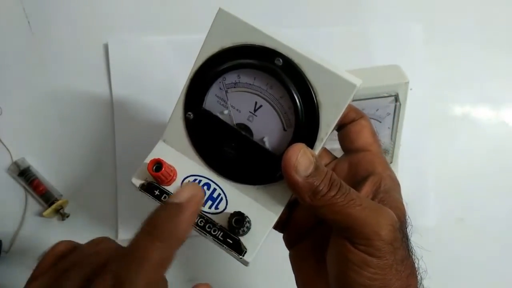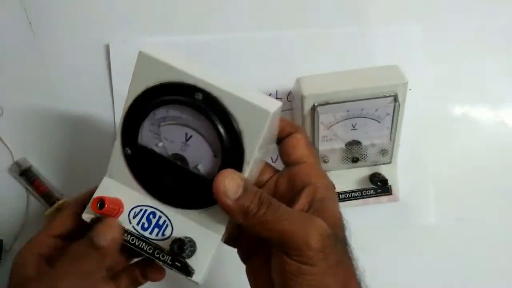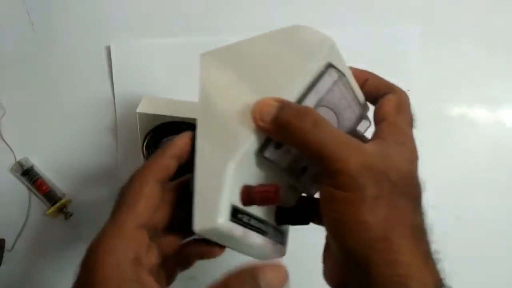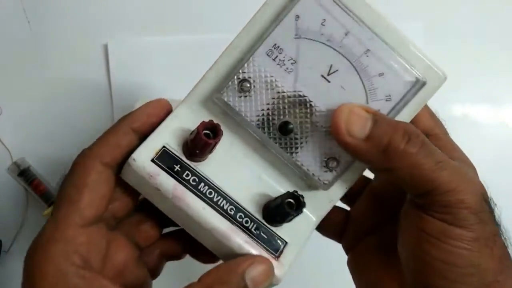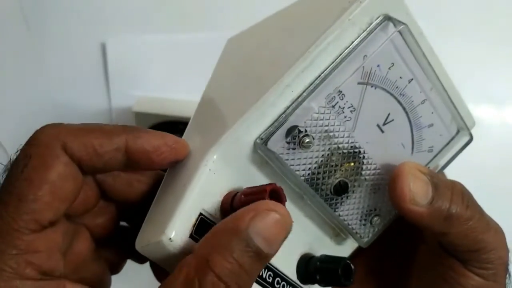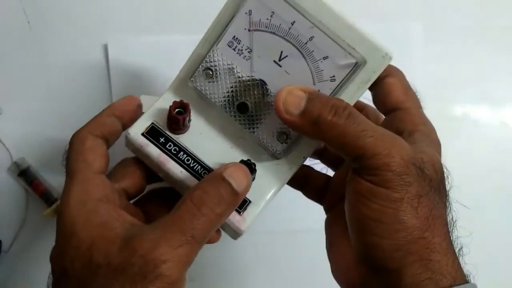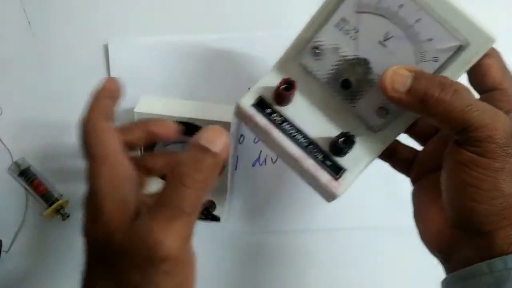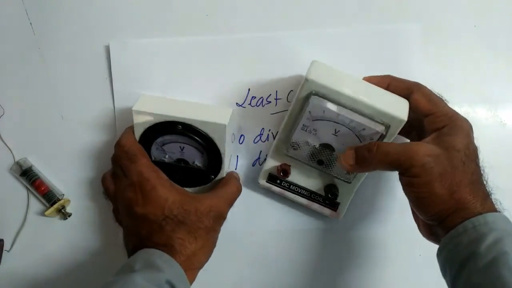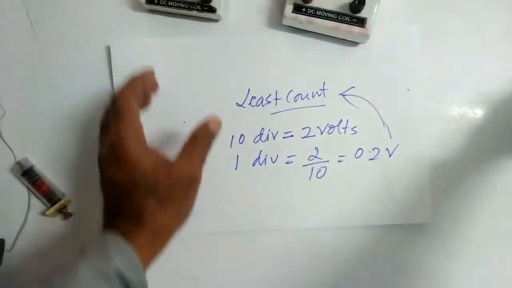This is the same with every electrical equipment. You can see from far it appears both black, but it's actually red here. Okay, and this is the black. So this is positive and this is negative.